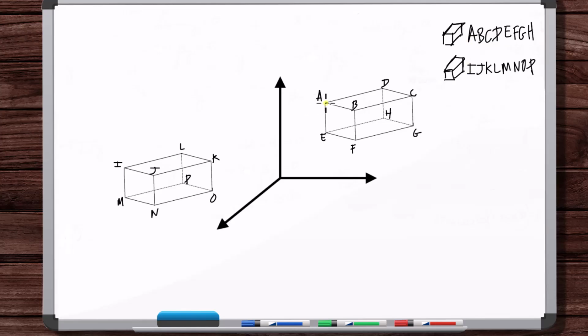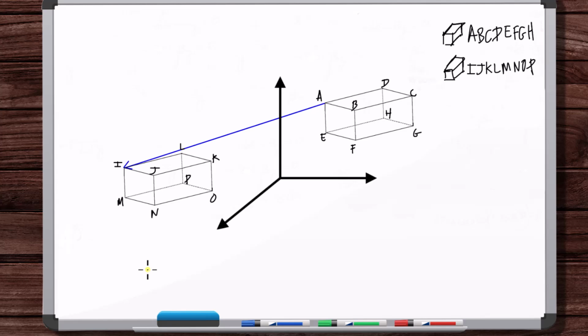A went from here to here. Again, I want to make clear that it doesn't matter what kind of transformation you have. You could draw this kind of vector for any corresponding points for any kind of transformation.